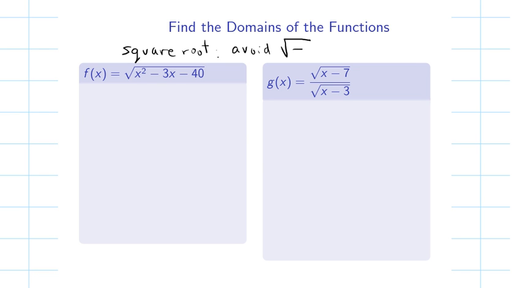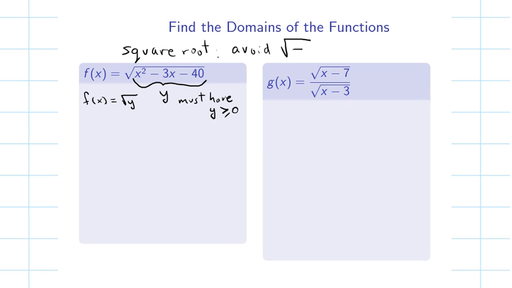Well, mathematically, you can take the square root of a negative number, but you get a complex or imaginary number, and we want to avoid that in this class. So let's call this y. Let's do f first. So f of x is the square root of this number y, and we must have y greater than or equal to 0.